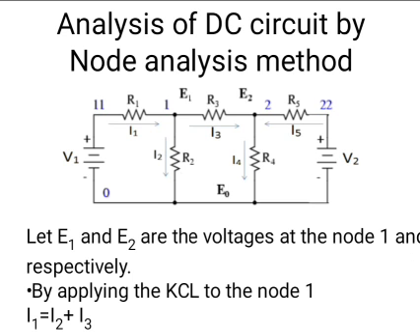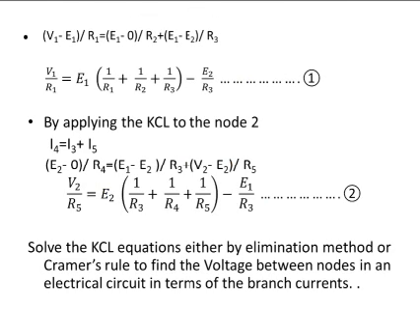For I4, it depends upon the direction of the current: I4 equals (E2 minus E0) divided by R4. E0 is 0 volts, so I4 equals (E2 minus 0) divided by R4.